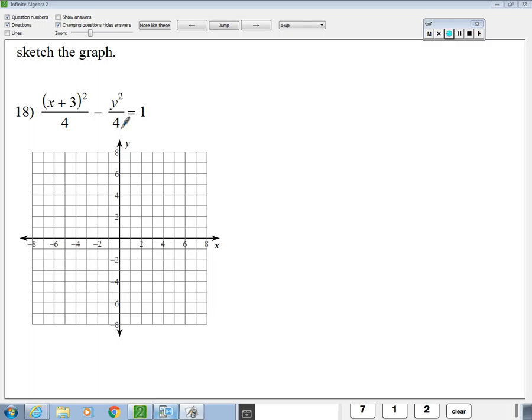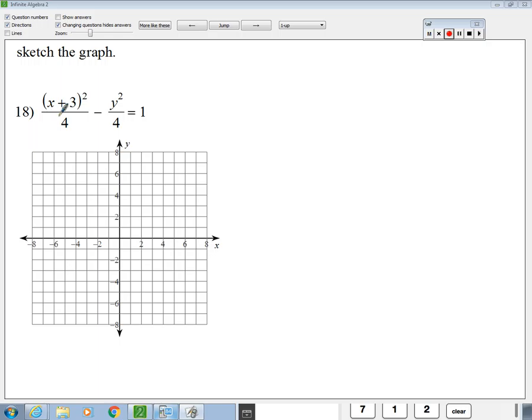What does x plus 3 mean? What kind of shift is that? Well, x plus 3 is actually left 3, correct. And then is there a vertical shift? No, so we're just going to go left 3.